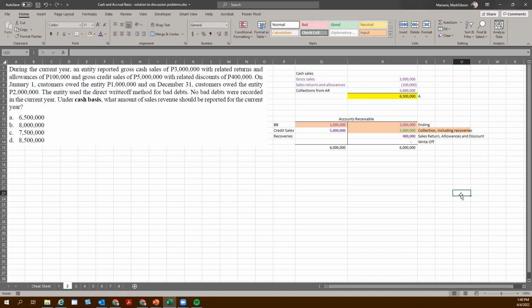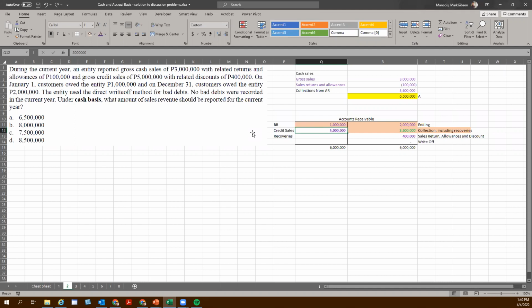What do we need to analyze here? Class, let me repeat this. We have to take note that when you plug in gross sales here, don't forget to also plot the related sales returns and allowances.